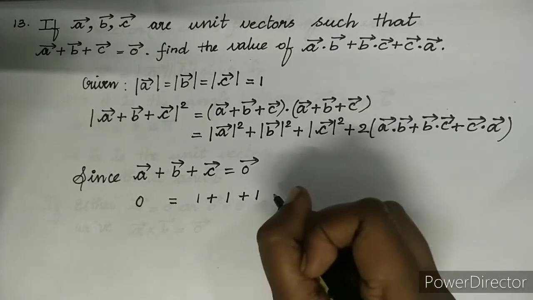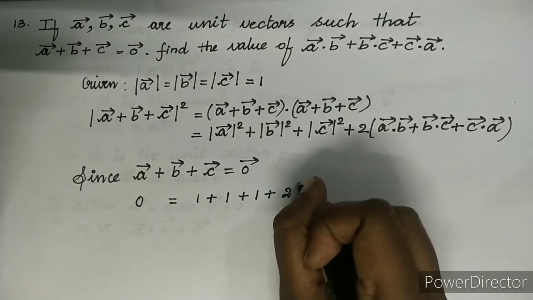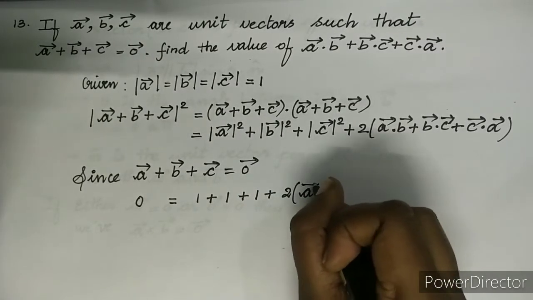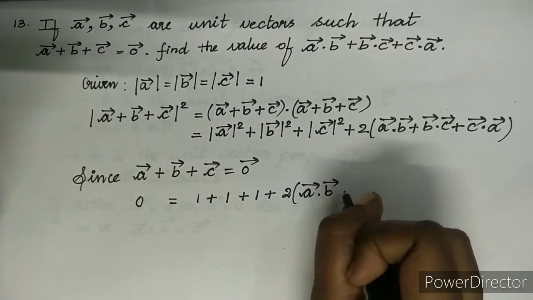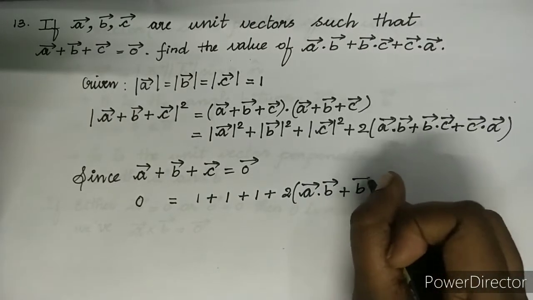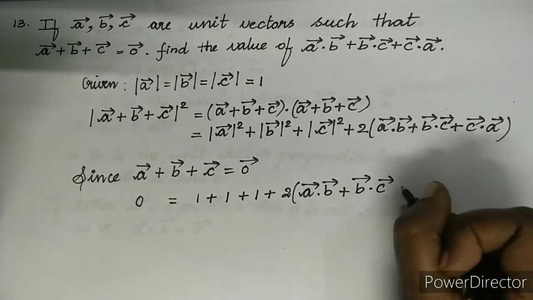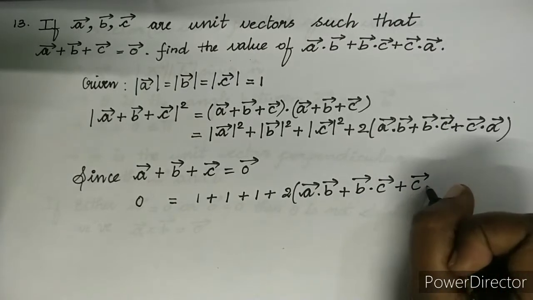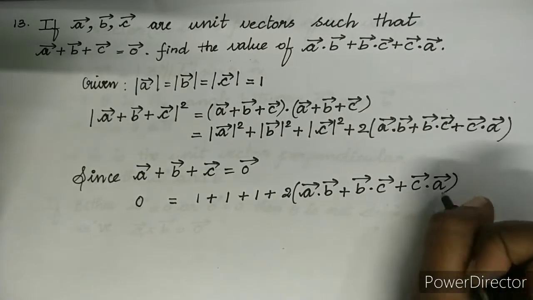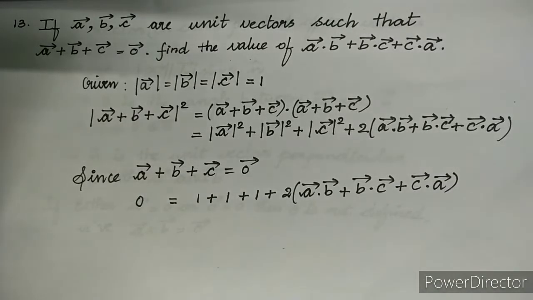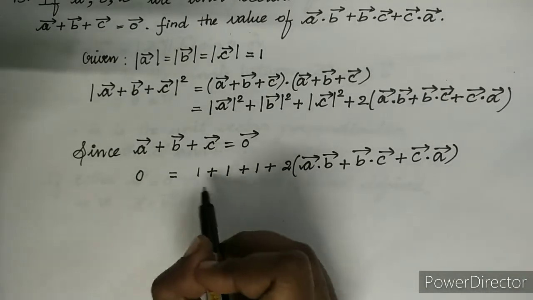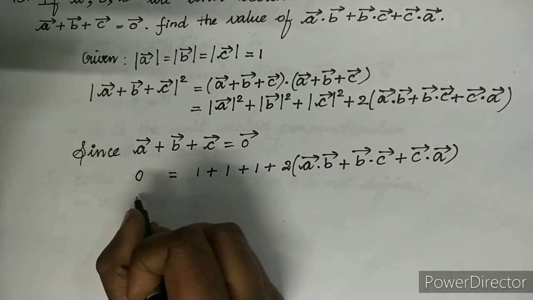So 1 plus 1 plus 1, plus 2 into A dot B plus B dot C plus C dot A. Now we can simplify this: 1 plus 1 plus 1 is 3.